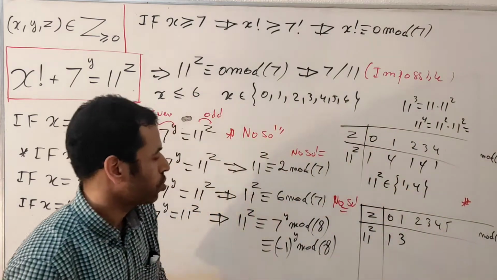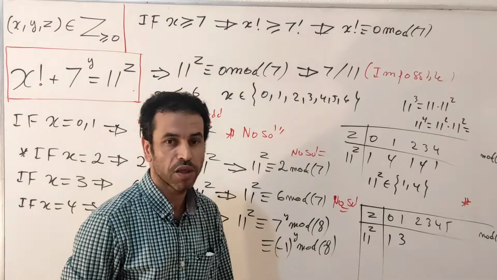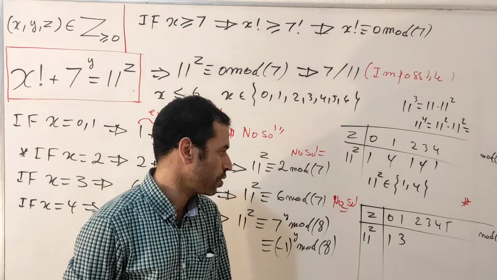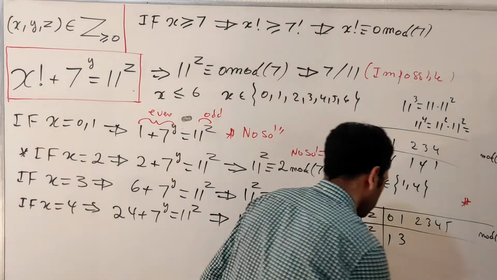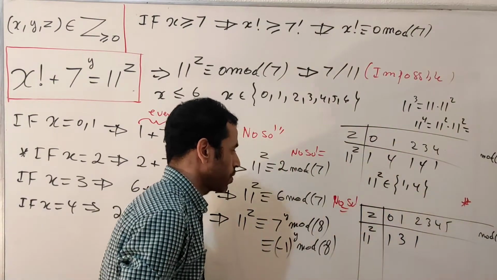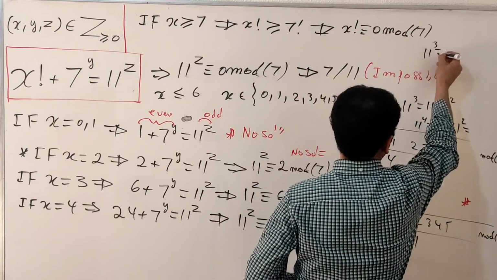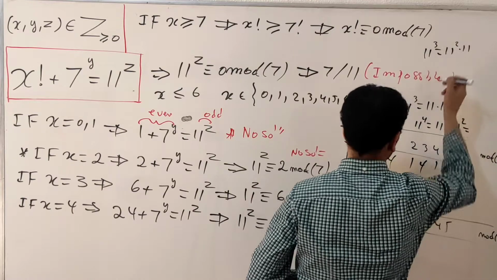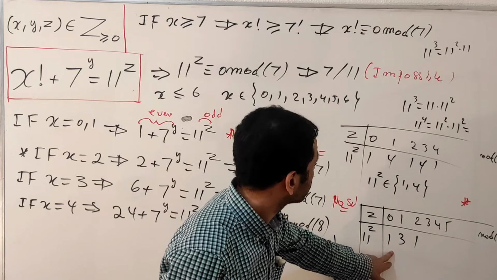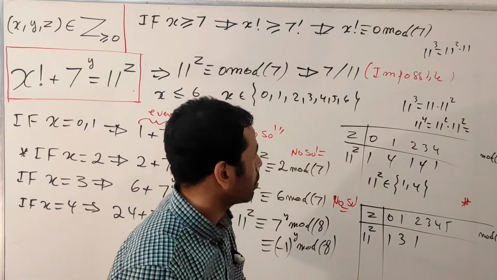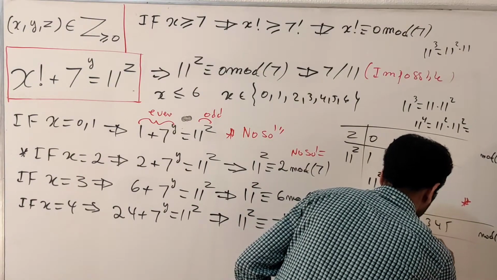Let's check number 2. 11 squared is 121. 120 is 8 multiplied by 15, so 1 is left as a remainder. We will have 1 here. For 11 cubed, it's simpler to calculate: 11 squared multiplied by 11. 11 squared is already calculated as 1. 1 multiplied by 11 is 11, which is congruent to 3 mod 8.